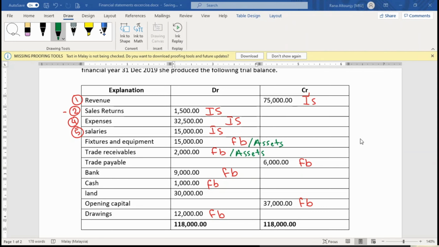That is correct. Then, bank. Is bank an asset, liability, or owner's equity?